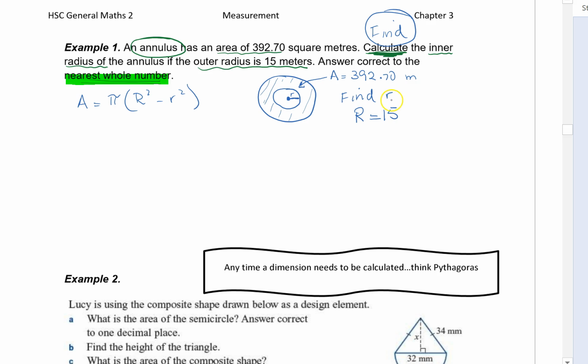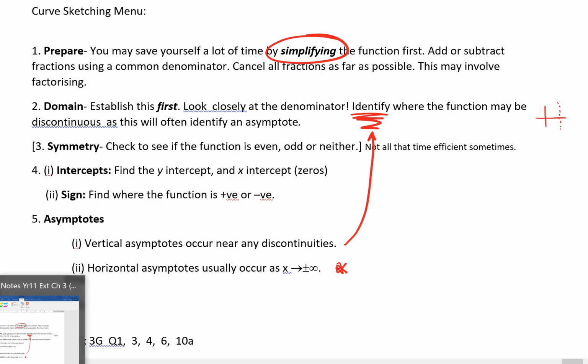And obviously I am. I'm finding this little r, which means I must be given A and I must be given capital R. I know that algebraically, but I've just been through a process where I've also identified it from the question. So I'm going to pause the video because it's getting a little bit long and write the solution and come back and talk about it.